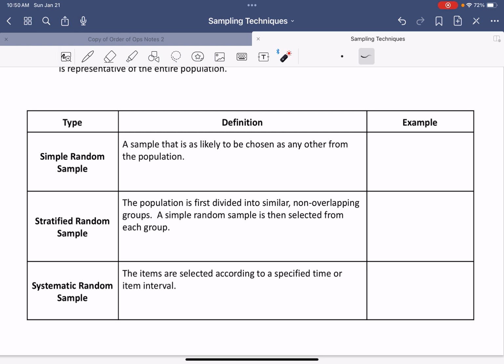When we're talking about this, we also need to talk about the word bias. A random sample is unbiased because each unit is selected without favoritism. So bias means there's some kind of favoritism going on, and we'll talk about that on the next page.